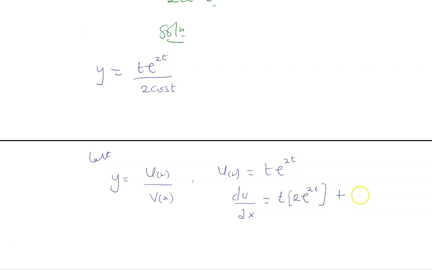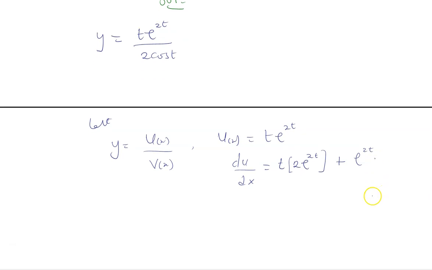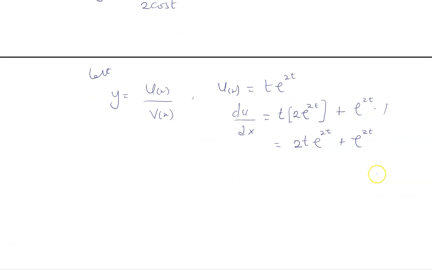Plus, I hold the second one, e^(2t), and differentiate the first one, which will give me 1. If I differentiate t, I'm going to get 1. So in the long run, I'm going to get 2t e^(2t) plus e^(2t). Let's put it aside and move on.